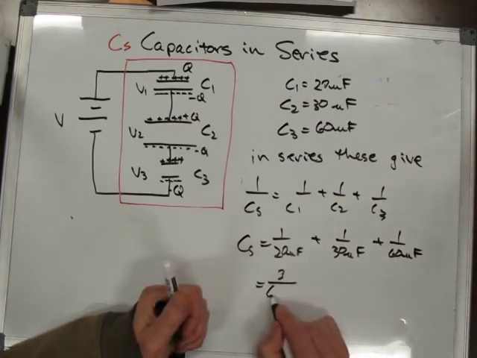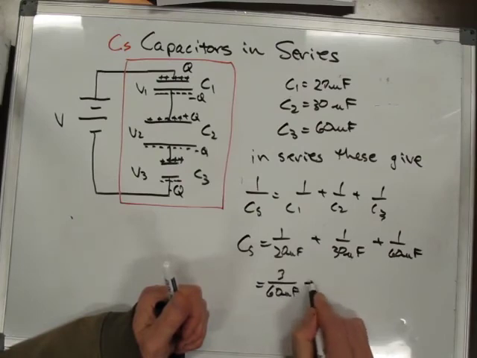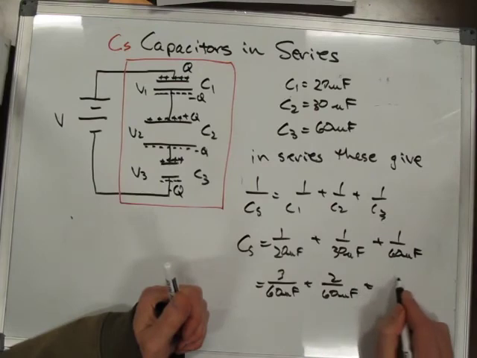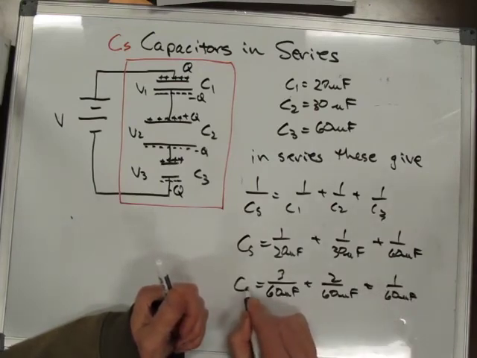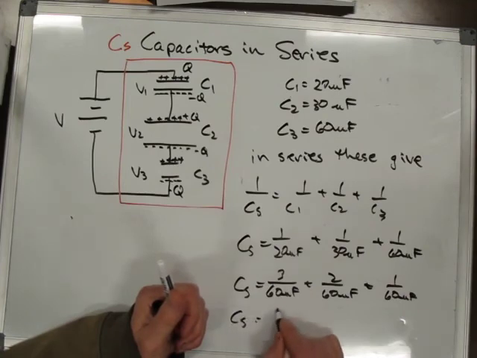So 3 over 60 microfarads plus 2 over 60 microfarads plus 1 over 60 microfarads.